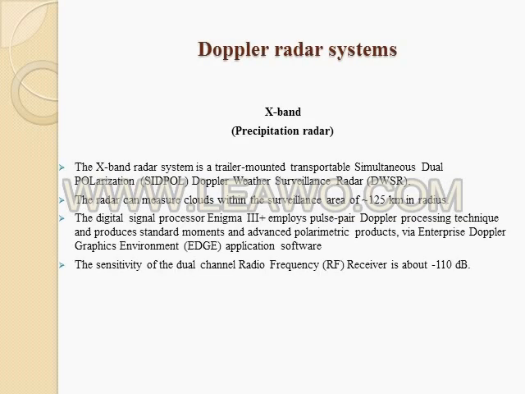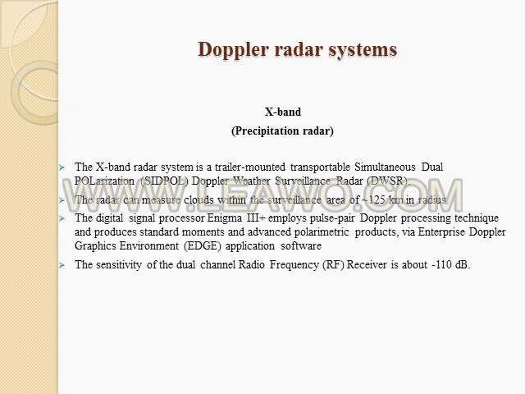So this is a little bit of information about the Doppler radar systems we are using over here. One of them is the X-band radar, also known as the precipitation radar. The X-band radar has a 125 kilometer surveillance area in radius, and it has a frequency of 9.375 GHz. The X-band radar system is a trailer-mounted, transportable, simultaneous dual polarization, that is, dual-pol Doppler weather surveillance radar, that is DWSR.